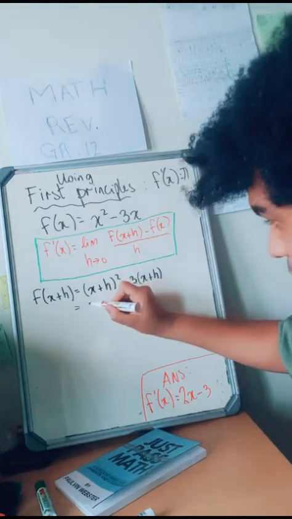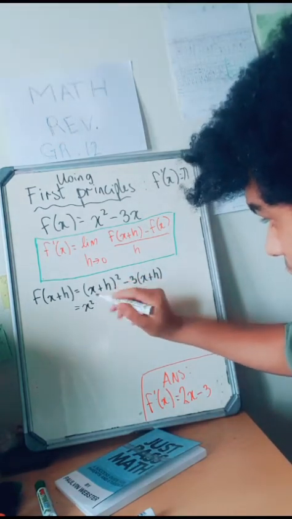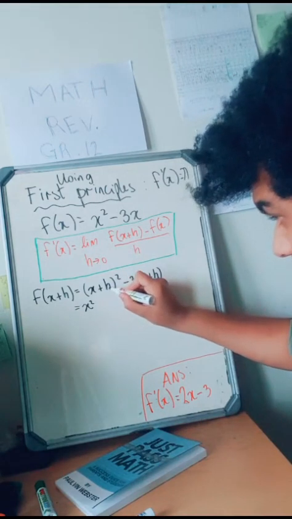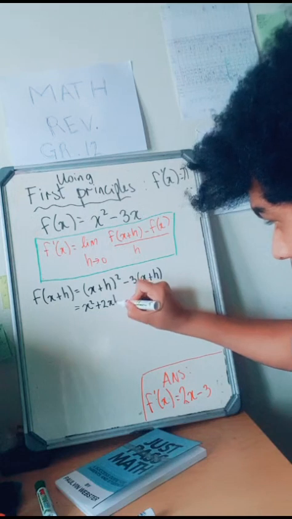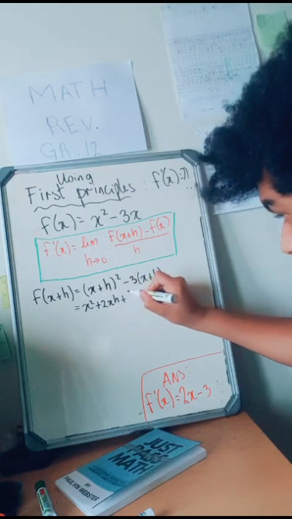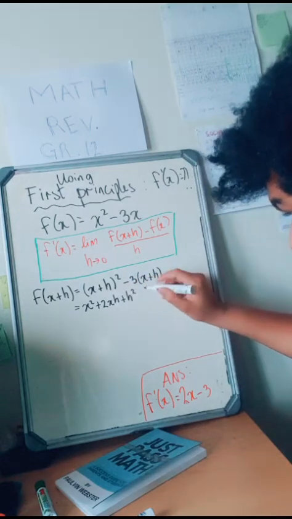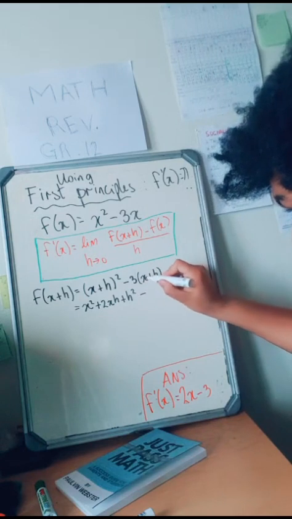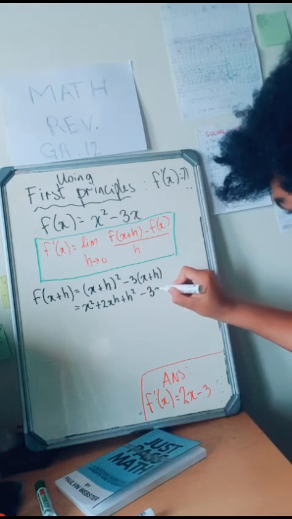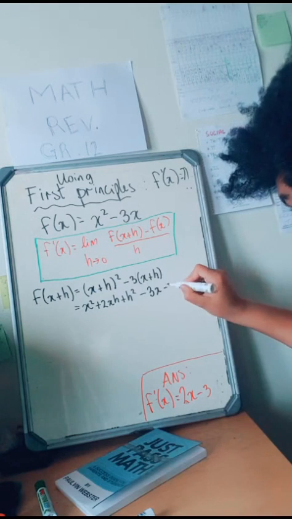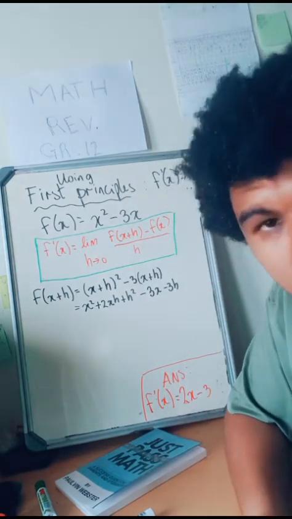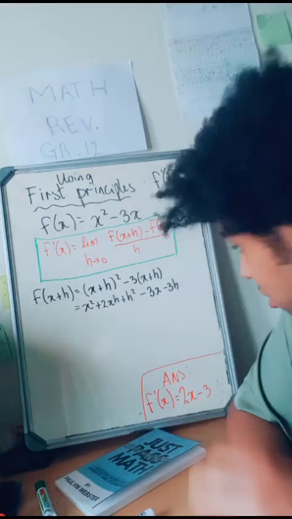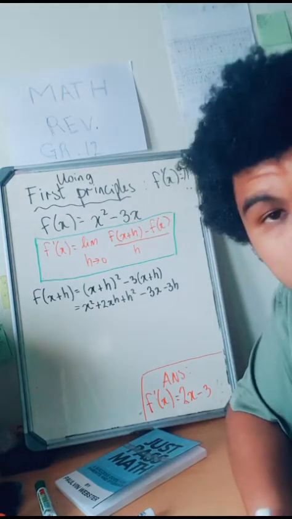So it's x squared, 2xh, and the last one squared, h squared, minus, well, let's multiply this and that, which is going to be 3x, and that, which is 3h. There's nothing to simplify, there are no like terms, okay?